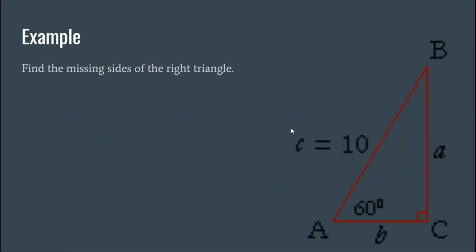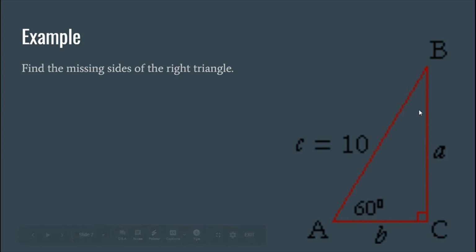Let's move on to the 30, 60, 90 triangle. This is a 90 degree angle, we have a 60 degree angle here, and we have a missing angle, but since this is 60 and 90, this has to be a 30. Remember, across from the 90 degree angle, this side will be twice the length of the smallest side, which is across from the 30 degree angle.